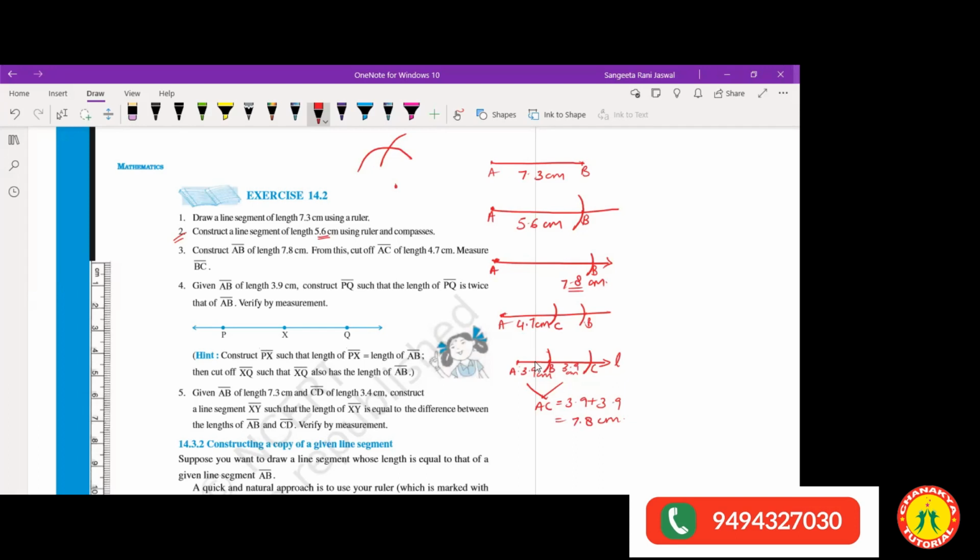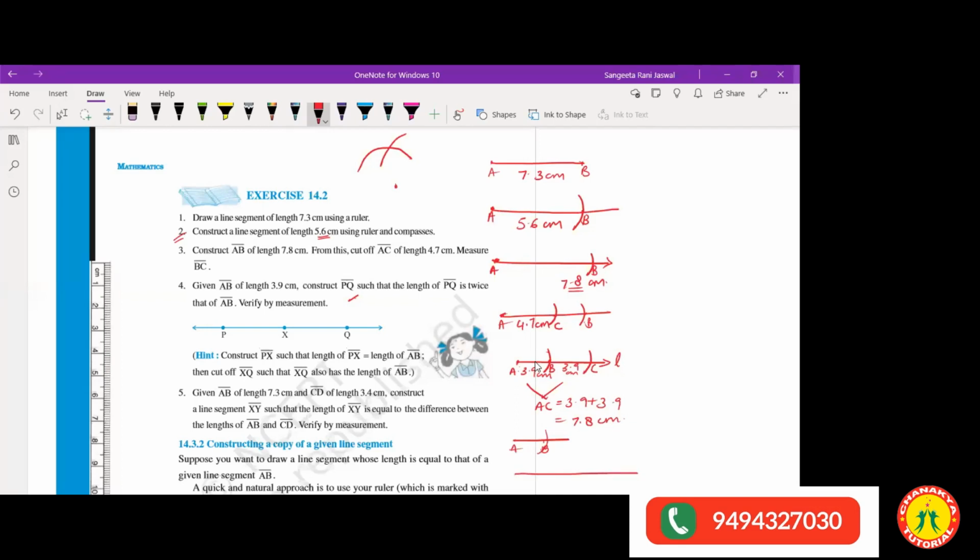It's saying to name it PQ. Let's name it PQ instead of A and C, whatever name is written in the question. Actually, it's saying first make a line AB, like this.